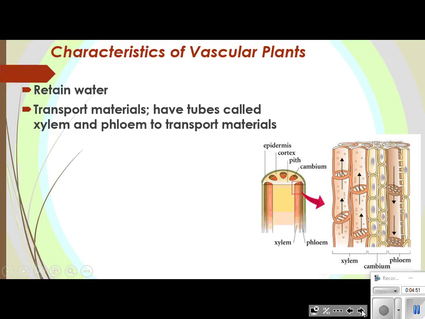These tubes that transport materials, we already discussed, the xylem, the phloem. The xylem transports what? Water. What does the phloem transport? Sugars and minerals from the leaves down. The water usually goes from the roots up. So are the phloem and the xylem going in the same direction? Usually not.